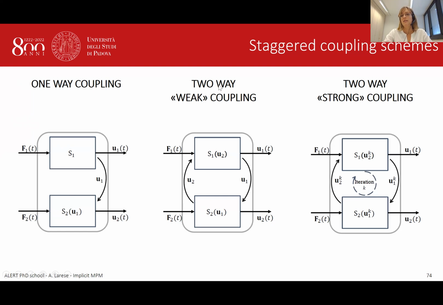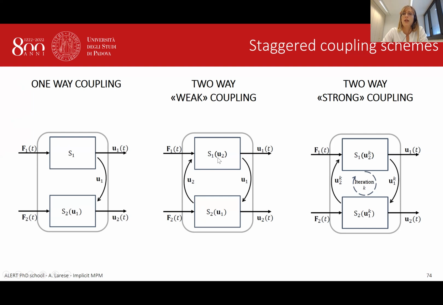The second alternative is two-way coupling, and we can divide it into two main families of coupling strategy. In the first case, system one gives an input at every time step to system two. System two uses this input as a boundary condition, basically, evaluates its new time step, and gives a new variable to system one as input for the next simulation.